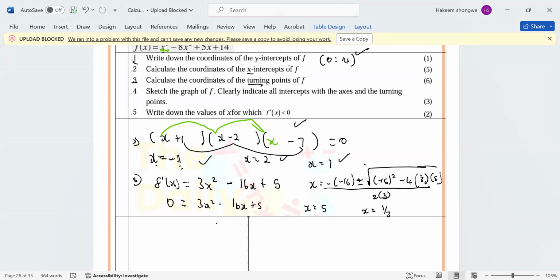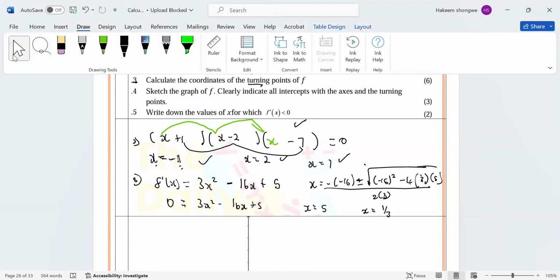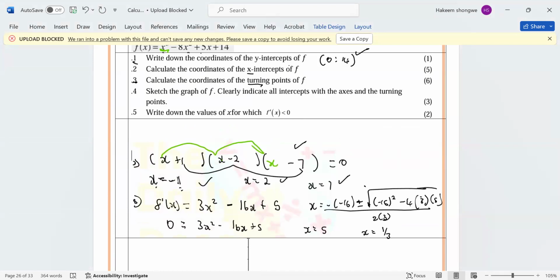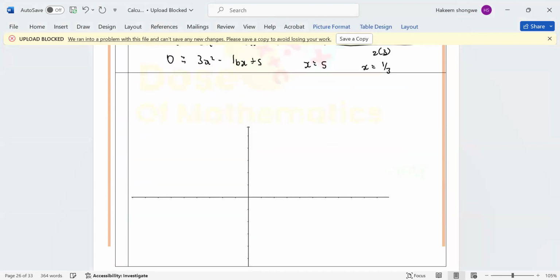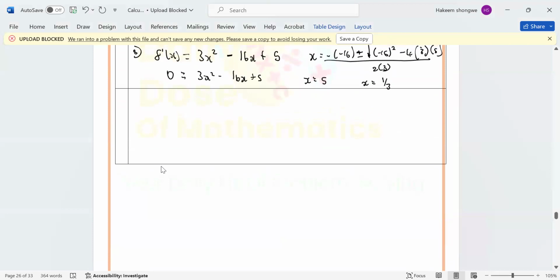Okay, then the first thing that we are going to look for is f of 5. What is going to be f of 5? Minus 36. Okay, so we'll write it here. So how did we get minus 36?